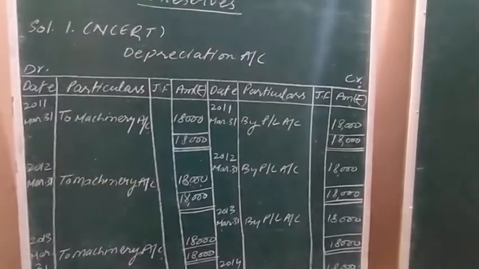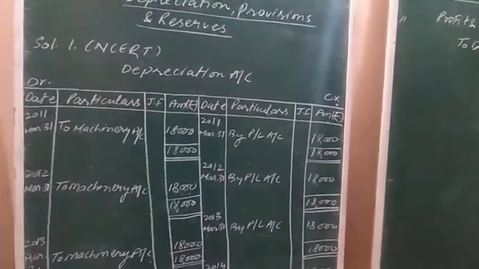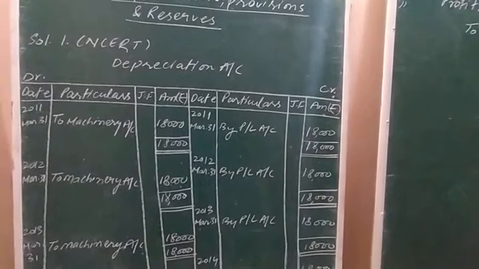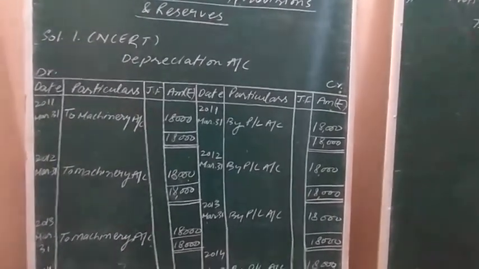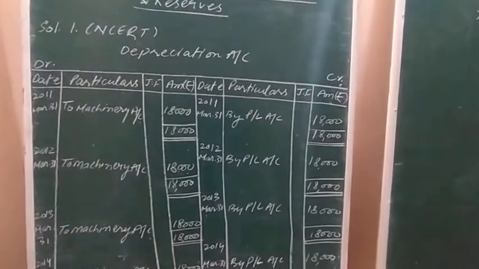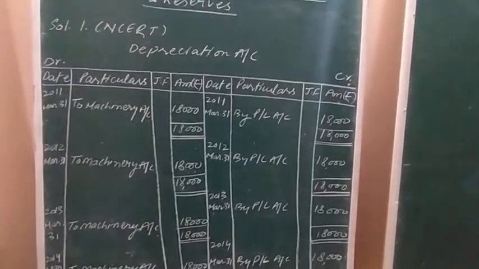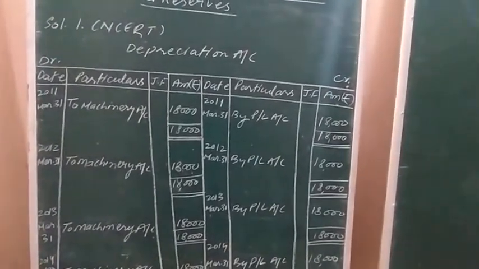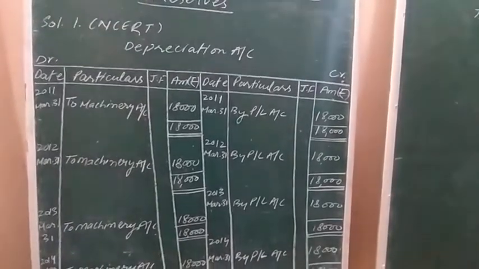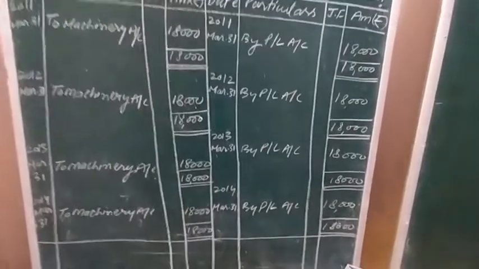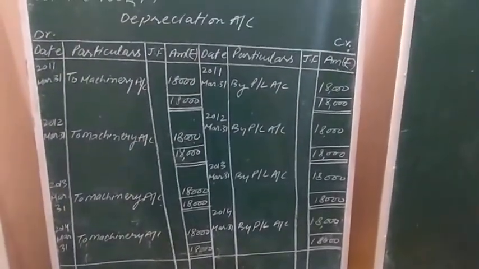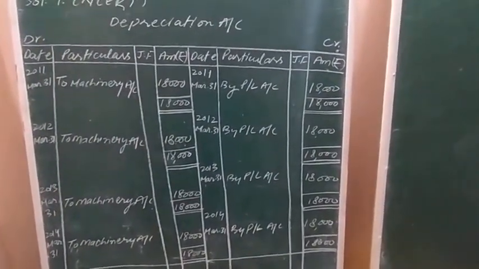The 4 years' depreciation account is asked in the question, and thus we just need to copy the same posting made in 2011 and paste it in the years 2012, 13 and 14. So this is the solution, this is the way of preparing the depreciation account.